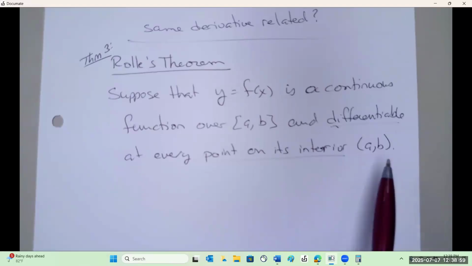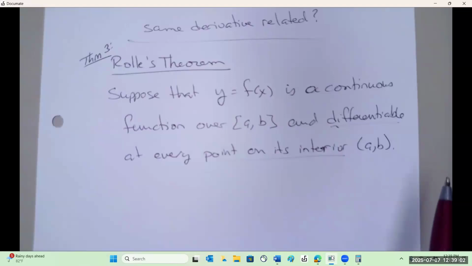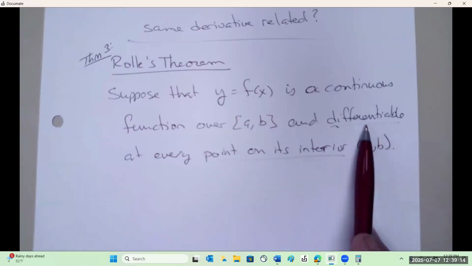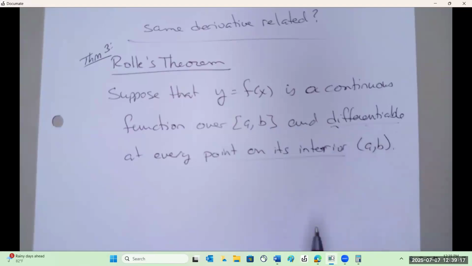Right, because you can't differentiate at A and B, since the slope doesn't exist at an endpoint. So we need all the interior points, because in order for a slope to exist, you have to be able to approach it from two different sides. So it has to be differentiable, which means we have to be able to take the derivative at each point. All right, so where were we?